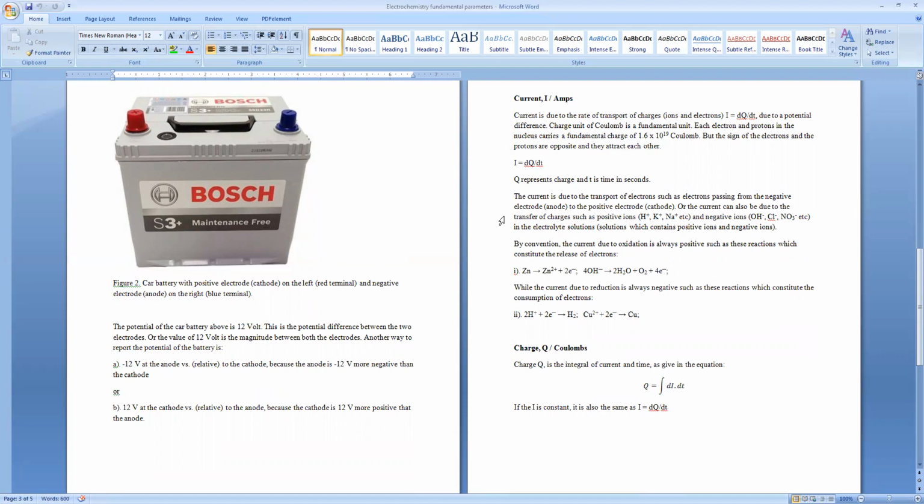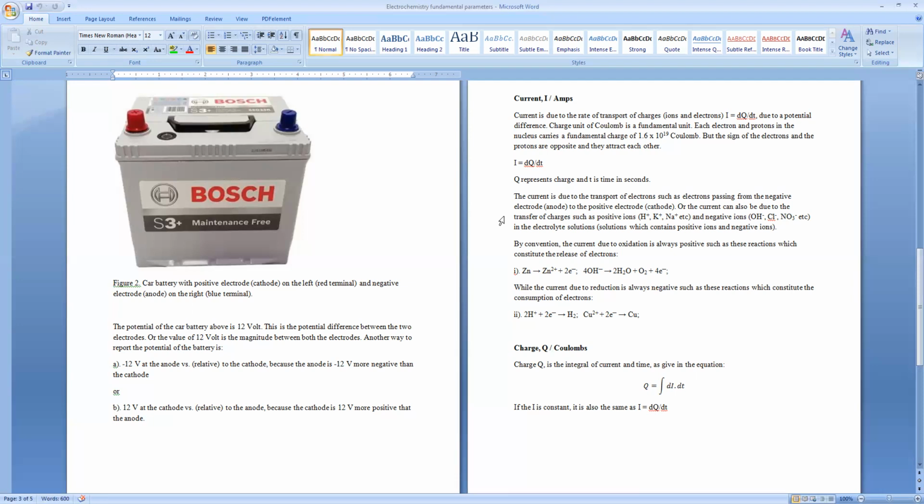So we can say that the potential at the anode, or the negative electrode, is minus 12 volts versus, or relative to, the cathode, because the anode is the negative electrode. The one in blue is the negative electrode; it is the anode.